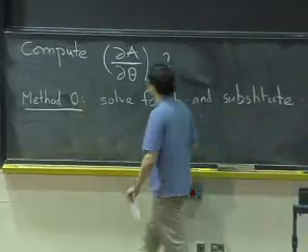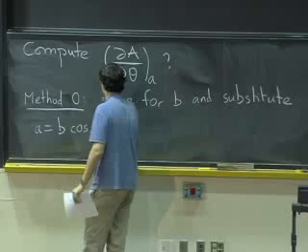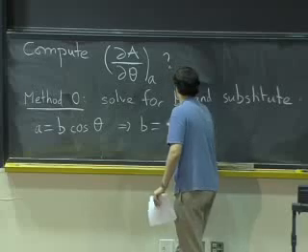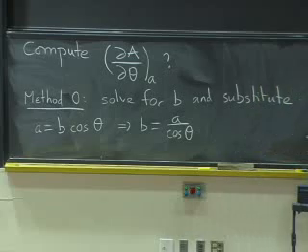So how do we do that? Well, the constraint is a equals b cosine theta. That means b is a over cosine theta. Some of you know that as a secant theta. That's the same.